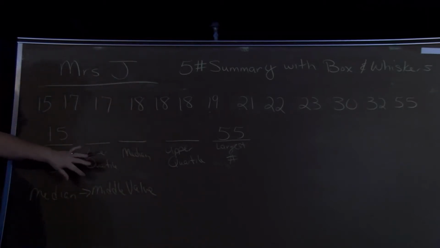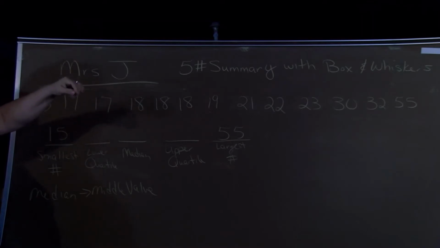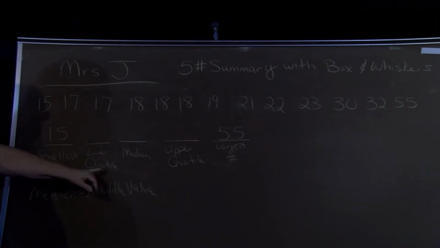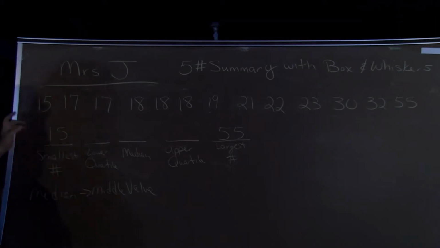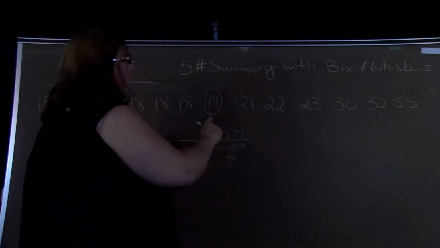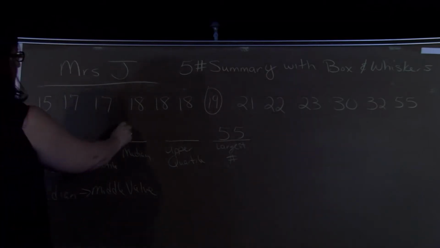Whenever there's not a middle value, because it's even, then you find the middle. Add the 2 and divide by 2, which we'll have to do when we do the quartiles. But in this median, there's an odd number, and the middle is the 19, because then we have 6 numbers on each side. So our median is 19.